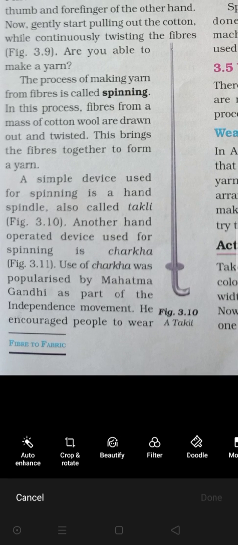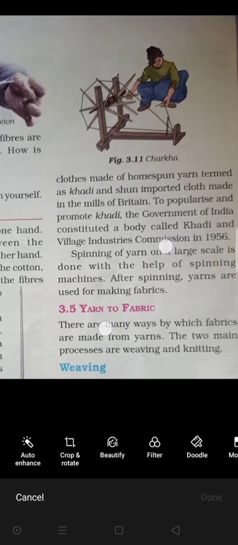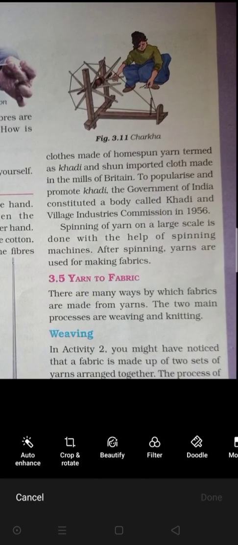Because he wanted to make people independent, so he encouraged people to wear cotton clothes, especially khadi and handmade clothes. So he invented the charkha, and khadi, and stopped importing cloth made in the mills of Britain.